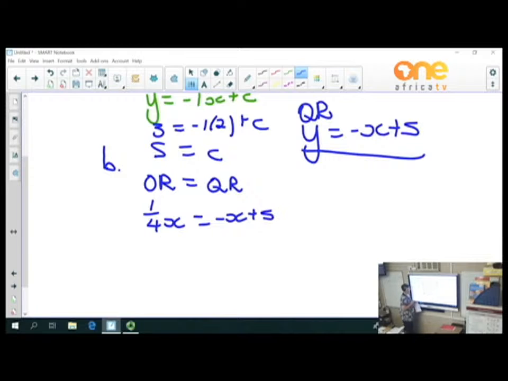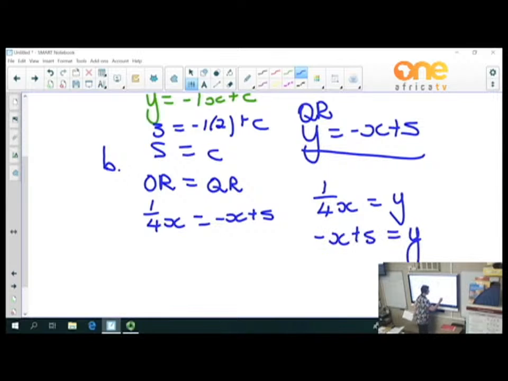We did this yesterday. I just said 1/4 x is equal to y, and then -x plus 5 is equal to y, solving simultaneously. You can do it like this, which is substitution, or you can do it like that, which is elimination, which we learned last year already. I will never ever work with a fraction.